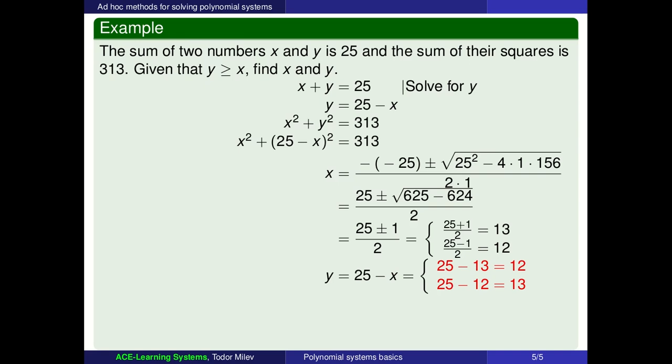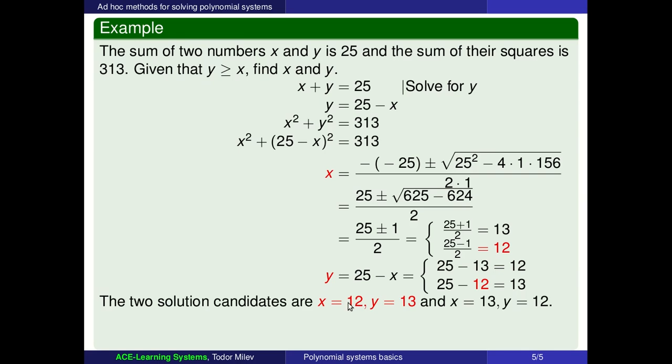Notice something interesting. Our solutions appear to be symmetric with respect to y and x. So our first solution is x equal to 12, y equal to 13, and our second solution is x equal to 13, y equal to 12. Now this symmetry is to be expected because notice that this first equation, x plus y equal to 25, is symmetric with respect to x and y.